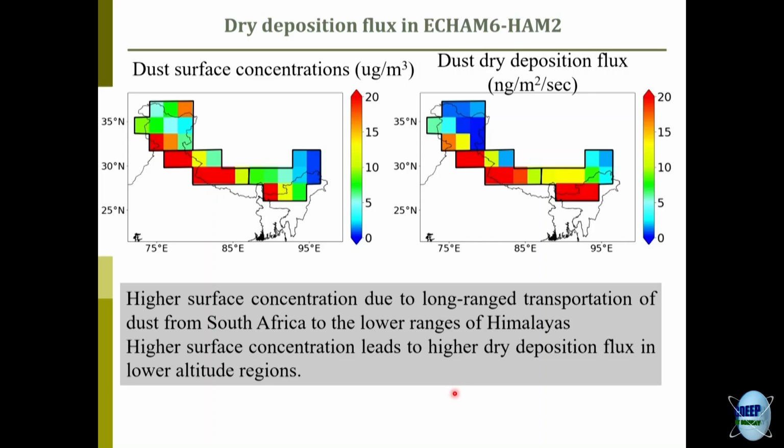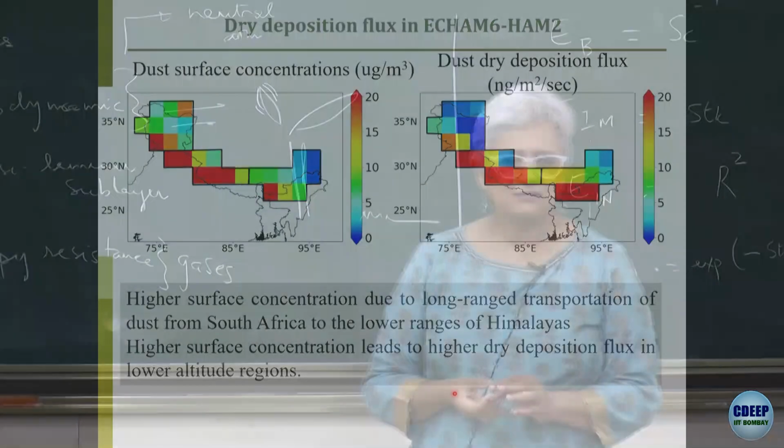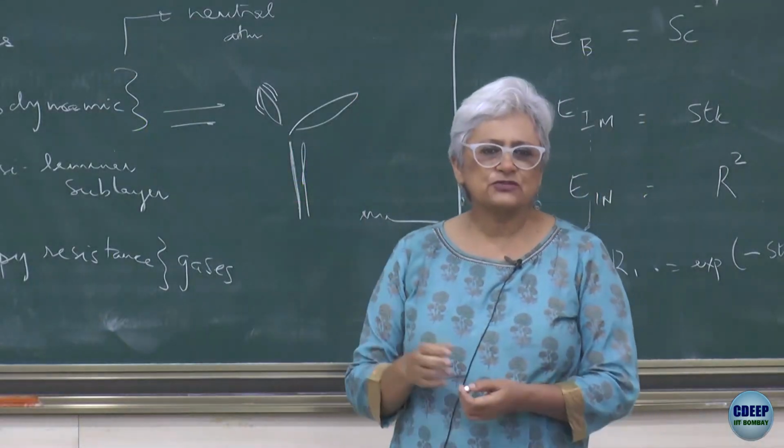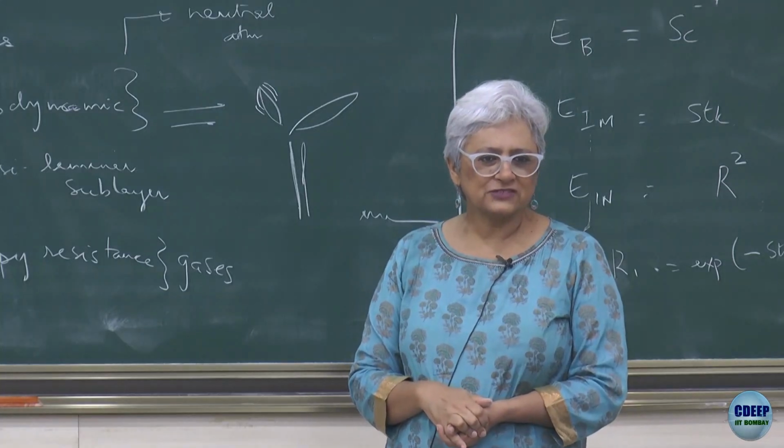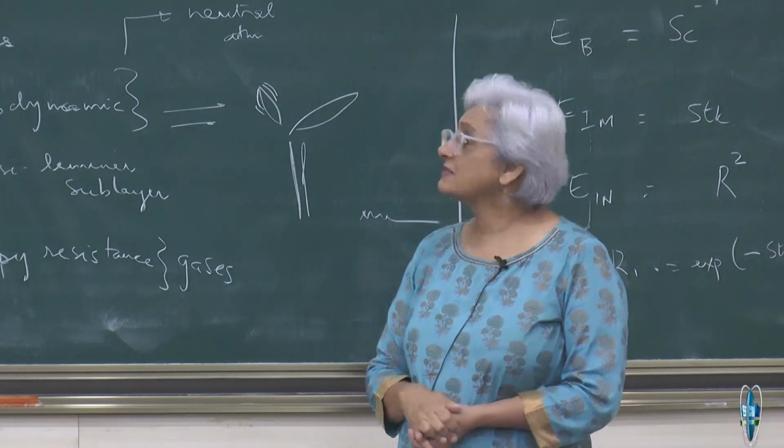This is just showing you some results. In those days we used to publish some papers that are out there, with deposition of black carbon, dust, etc., to Himalayan surfaces, snow surfaces and so on and so forth.